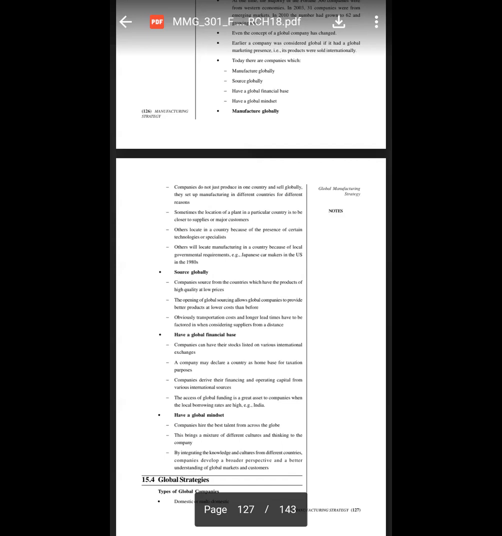Compared to the Indian product, the Indian product is much costlier than the Chinese product, and people will prefer to purchase the Chinese product because it is very, very low in cost, and the product quality is also good.